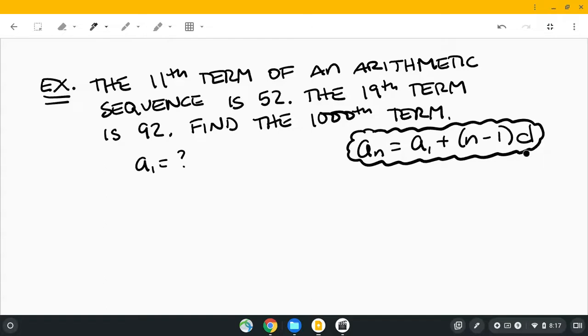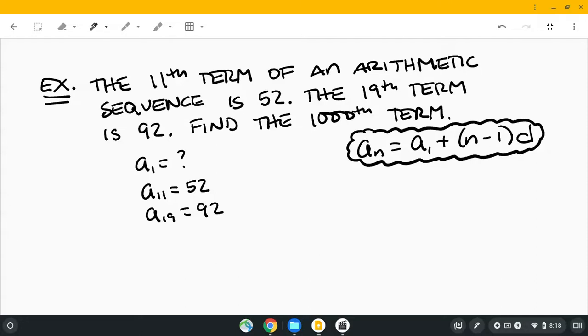We need A1 and we need D. But we don't have A1. A1 is a question mark. We have A11, which is 52, and we have A19, the 19th term, and that is 92. We don't even have D, right?